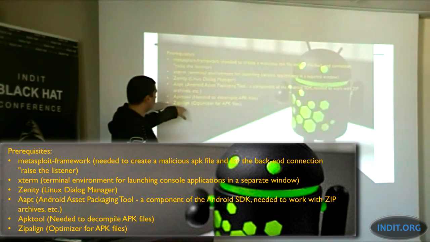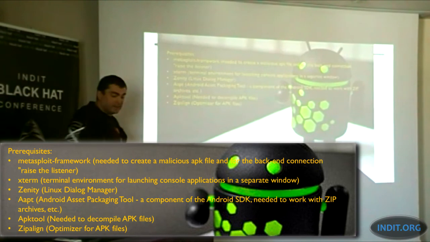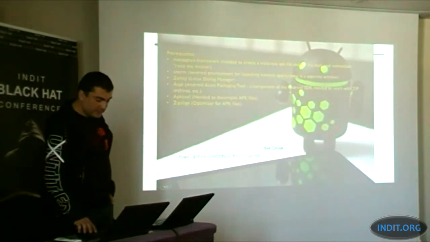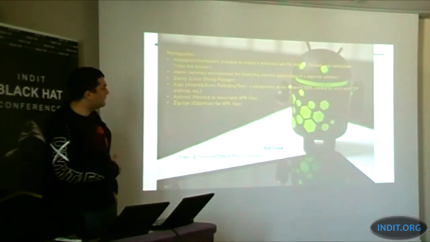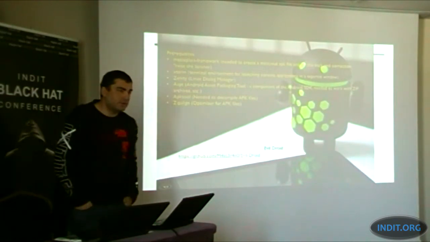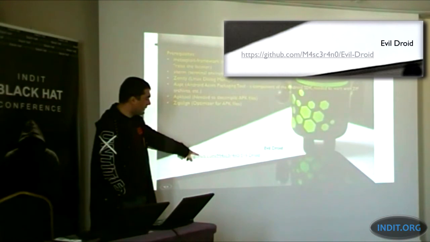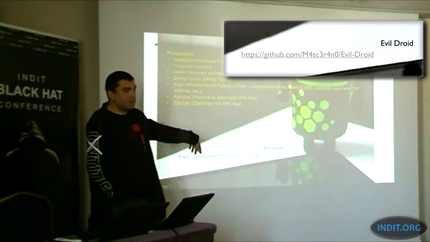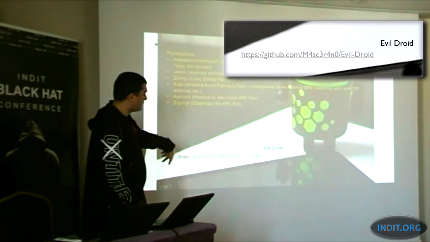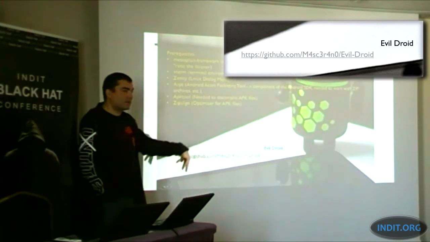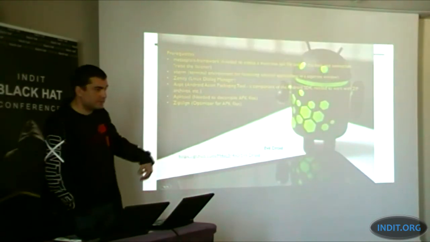And of course, just an optimizer or an archiver for APK files. And by the way, EvilDroid is an open source software. This is the original link of the developer's GitHub page. Everyone can download it from there. There is also documentation on how to configure and use it.